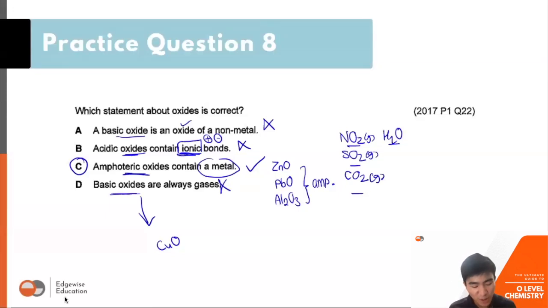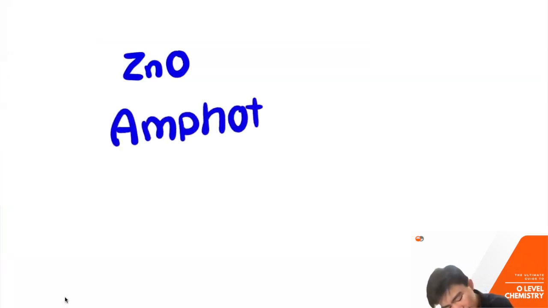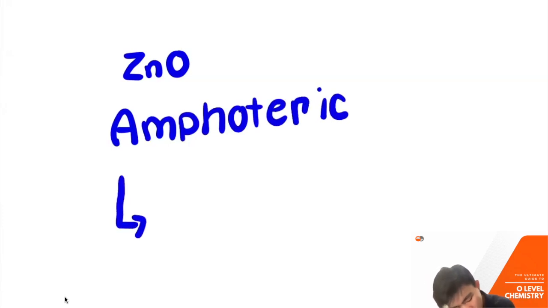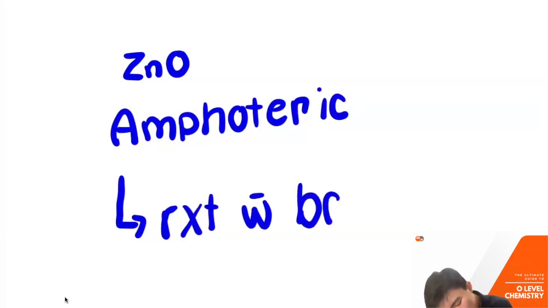So this is question 8. I hope that it helped you to consolidate your understanding a little bit. I got a request to re-explain amphoteric oxide. Amphoteric oxide is special. Amphoteric oxide is an oxide that can react with both base and acid.